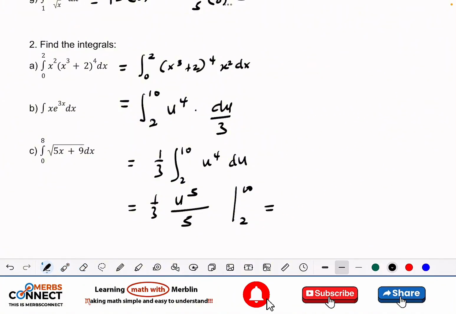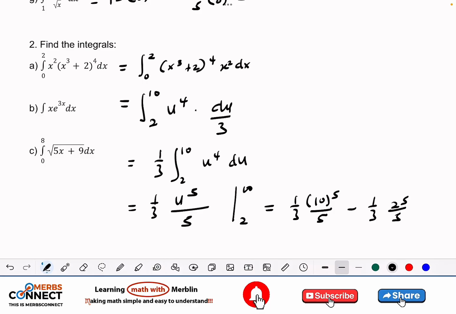So this is going to give us 1 over 3. I plug in the 10. I'm going to have 10 to the power 5 divided by 5 minus 1 over 3, 2 to the power 5 divided by 5. Good. So 1 over 3. What is 10 to the power 5 divided by 5? 10 to the power 5 is like 10 times 10 times 10 times 10 times 10.